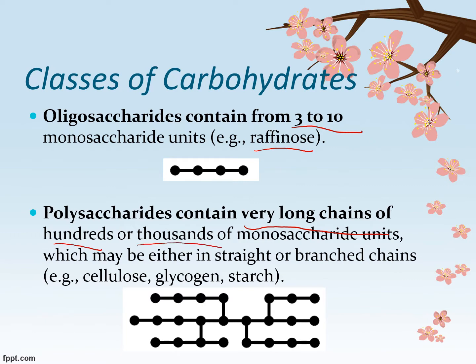Okay, and these monosaccharide units either link in a straight chain or branch chain. So this one is the branching here, the green color. So examples of polysaccharides are cellulose, glycogen, and starch.